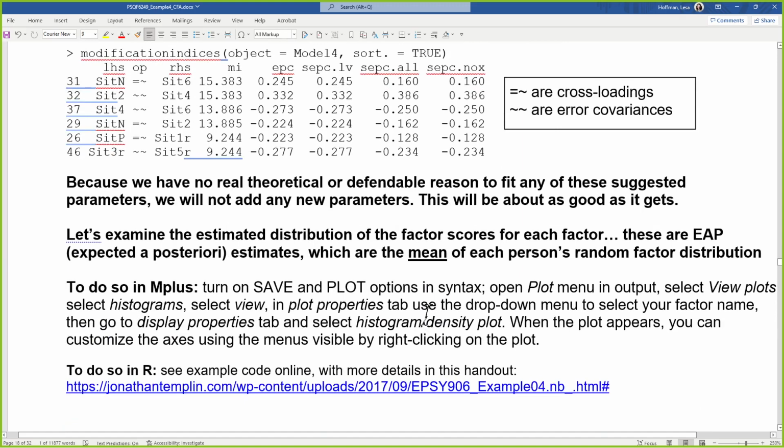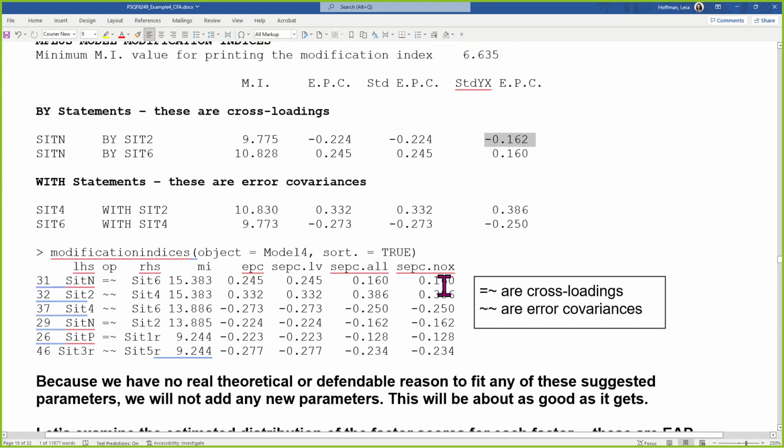How would you interpret cross-loading in this case? This is the extent to which item 2 is related to the negative factor. So a 1 unit increase in the negative factor would make the expected response to item 2 go down by 0.2. It doesn't make any sense.